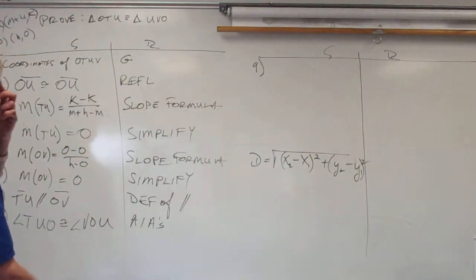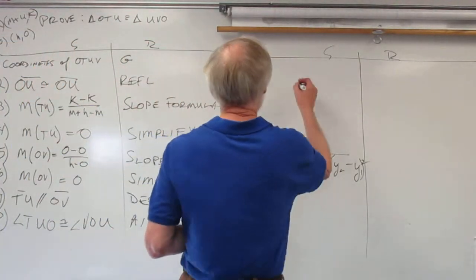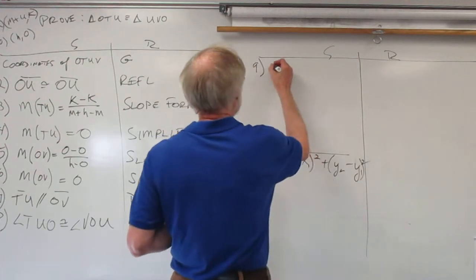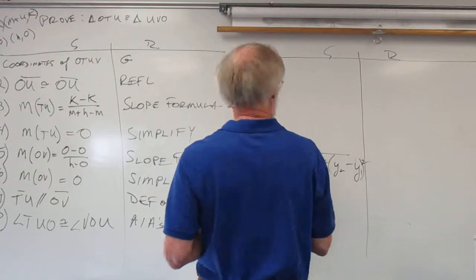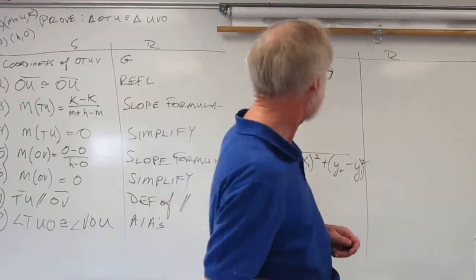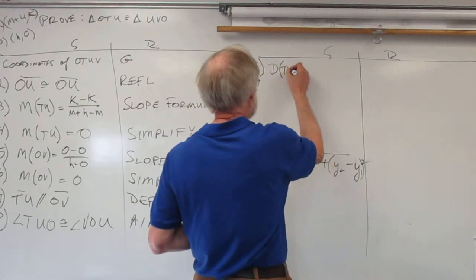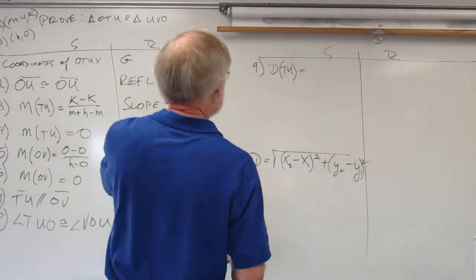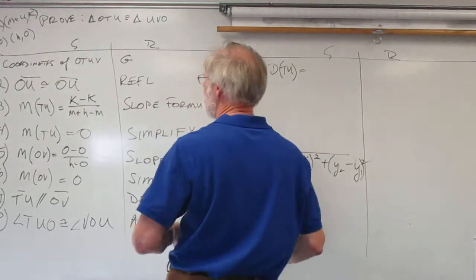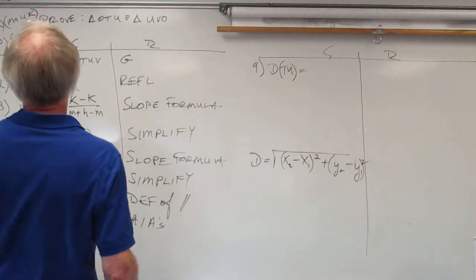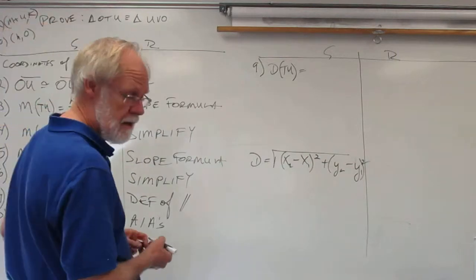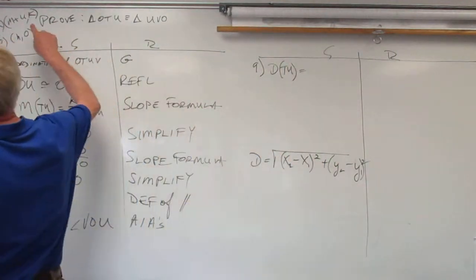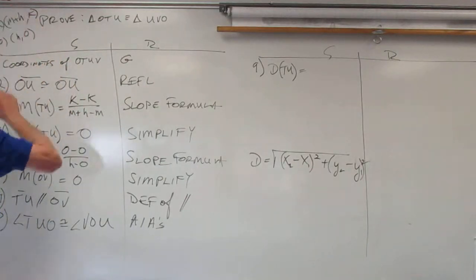Okay, so what we need to do then is take the distance of the first one, which was TU. The distance of TU is equal to the difference of the x's, which is m plus h, I'm sorry, this should be an h over here, m plus h.